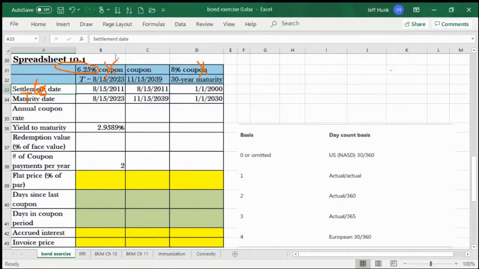So what I would do is either manually enter 0.0625, since I already set it up, or I can also do it this way, because you don't have to put coupon here.